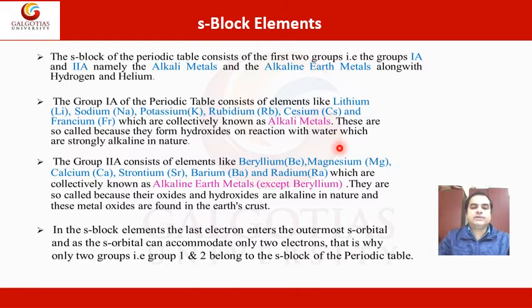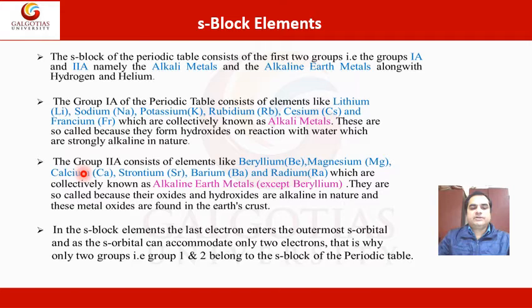Because they easily form hydroxides on reaction with water, which are strongly alkaline. When Na metal reacts with water, it produces NaOH, which is strongly alkaline in nature. Similarly, when potassium reacts with H2O, it produces KOH, which also has a very strong alkaline nature. So we can say that they are alkali metals.